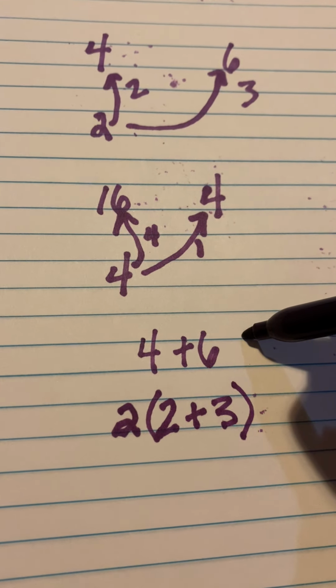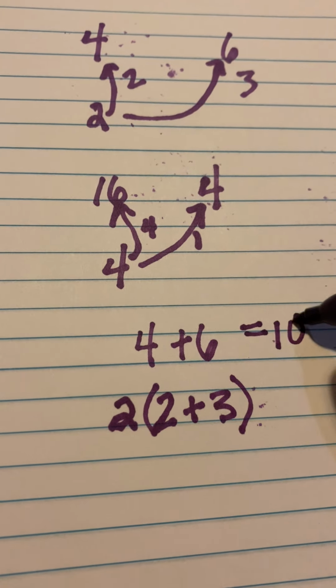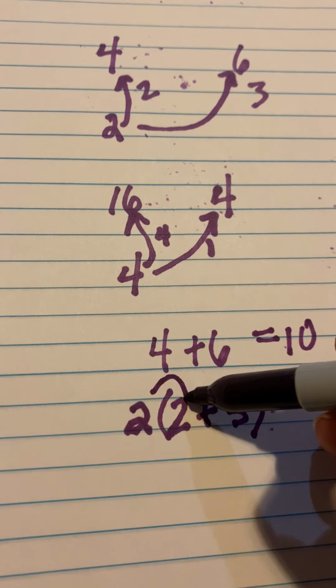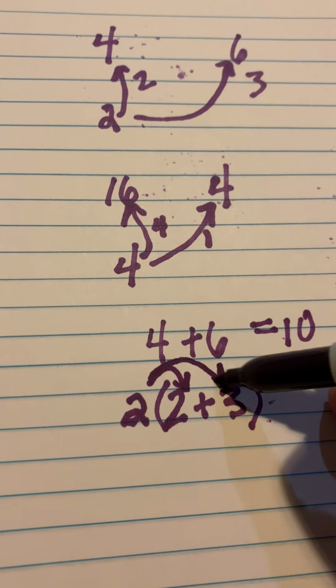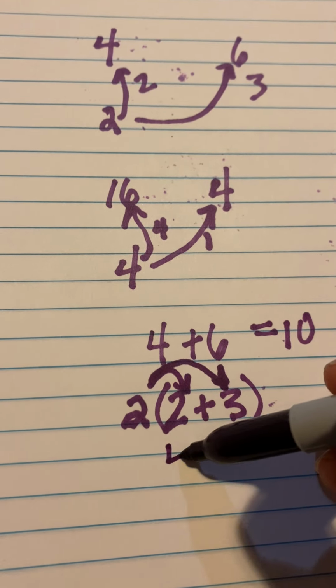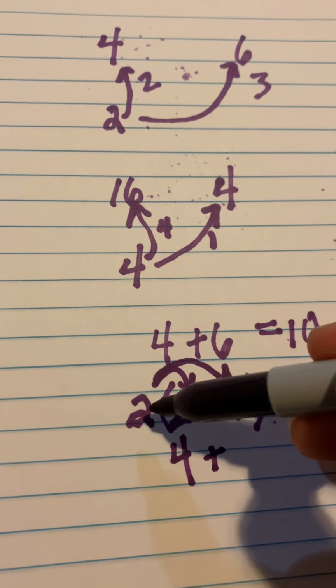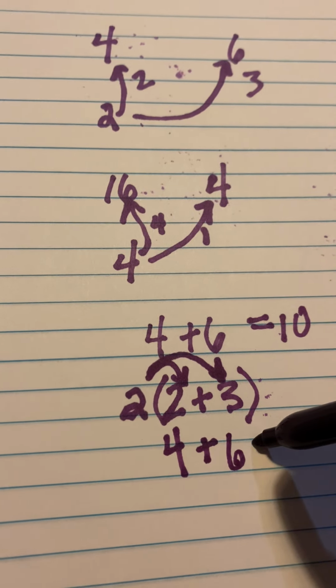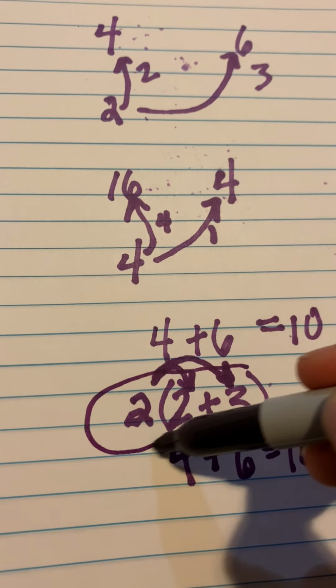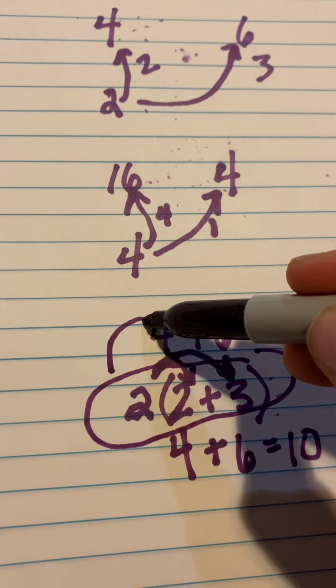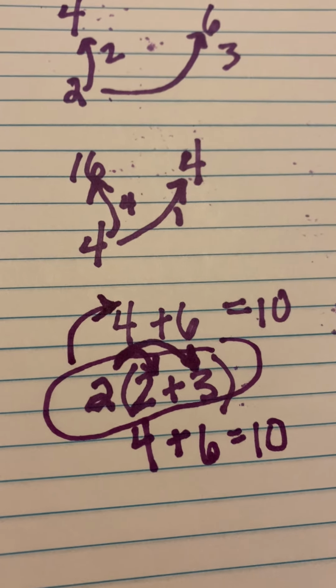And you can see 4 plus 6 is, of course, 10. And if I multiply all this by using the distributive property, I have 2 times 2 is 4, plus 2 times 3, which is 6, and I get the same answer. So this is equal to that.